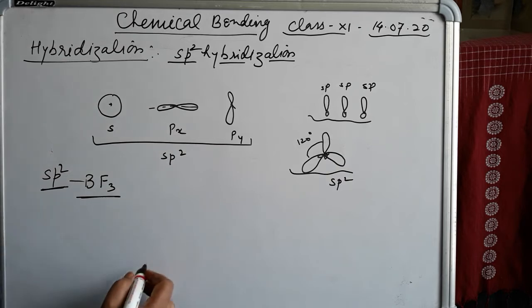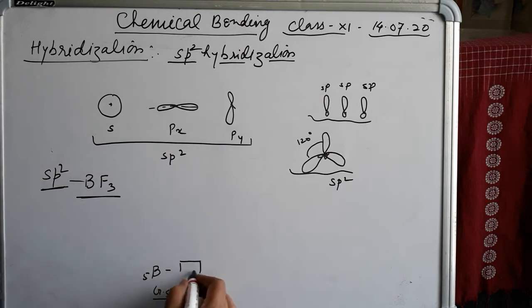Let's discuss how boron is sp2 hybridized and how the formation of the molecule takes place. Students, at first we see the electronic configuration of boron in the ground state. The atomic number of boron is 5, so write down the configuration first.